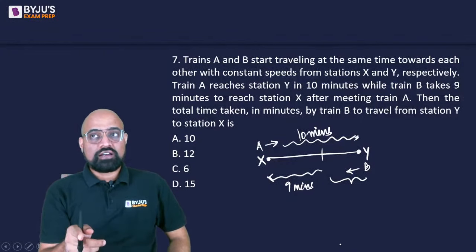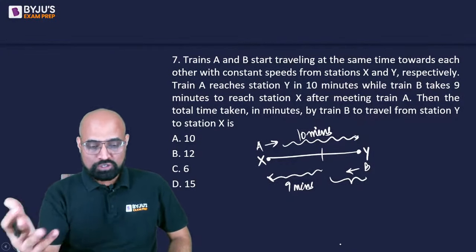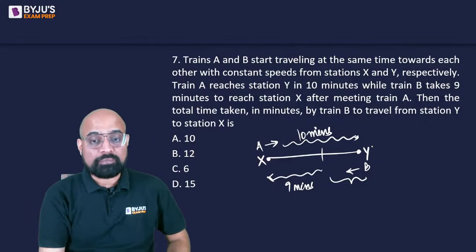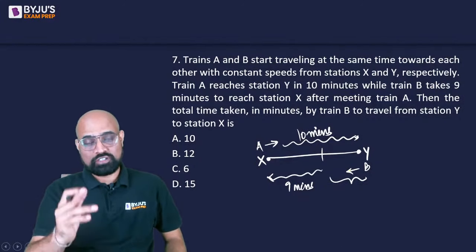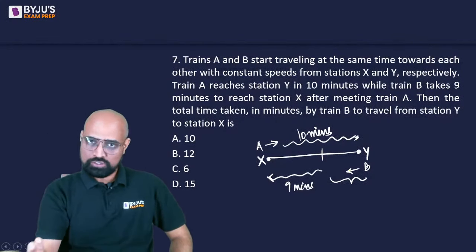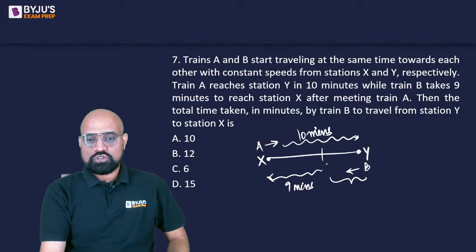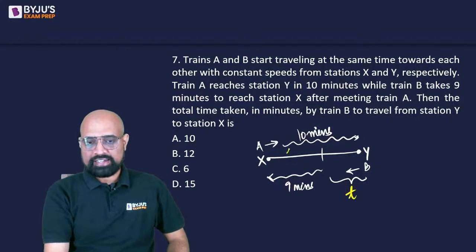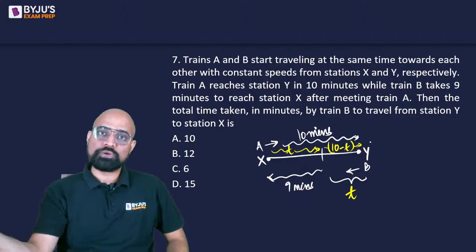Now, if you have gone through our revision classes of CAT and MAT, we have done this question like 10-20 times. In the class also we have done this, right? So let's assume this is t time that B takes to meet and A takes t time to meet. Obviously the same time is taken to meet, and 10 minus t is the time that A will take to reach beyond.